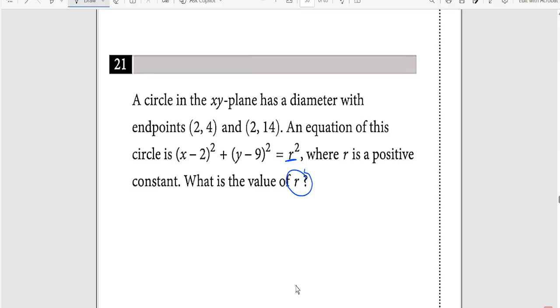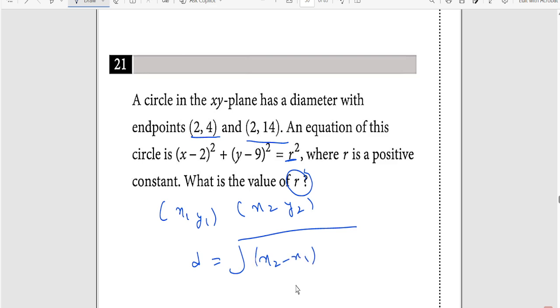When we have endpoints, we can find distance using the distance formula, right? Suppose I have x1 y1 and x2 y2. The distance formula is square root of x2 minus x1 whole square plus y2 minus y1 whole square.